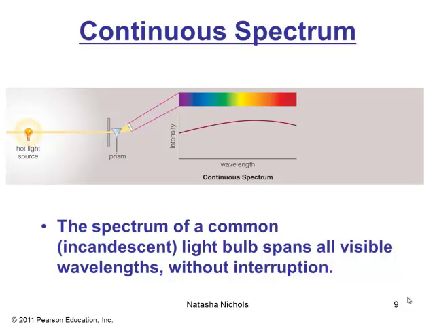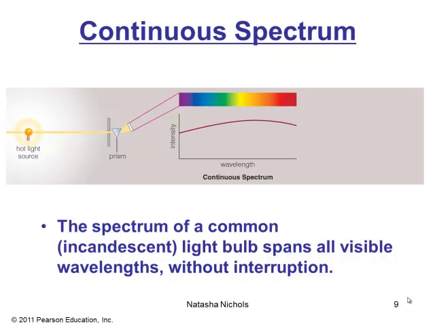Now let's take a look at this one more time, because I want to make sure everybody understands this, because this is very important. So here's a continuous spectrum. We can get a continuous spectrum if we have a hot source of light. Once we get that light going through a slit and a prism, we end up seeing a continuous band of colors from shades of purple to shades of red.